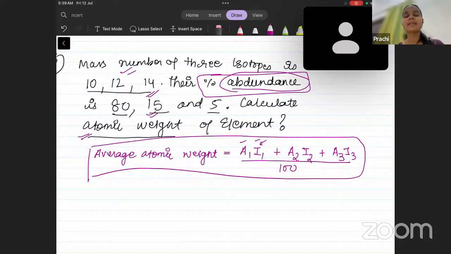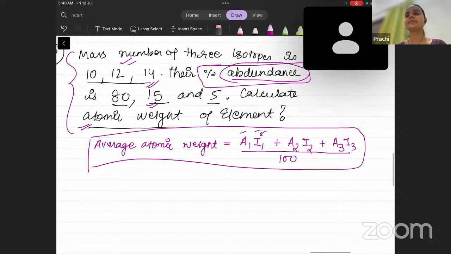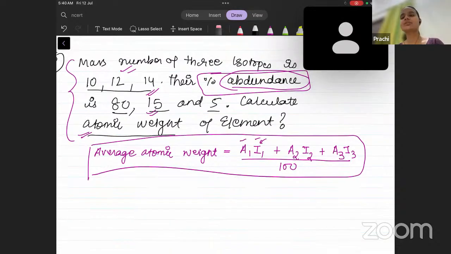So now quickly calculate what will be the atomic weight for these isotopes. What will be the average atomic weight for these elements? Is this clear to you? How do we calculate the average atomic weight?